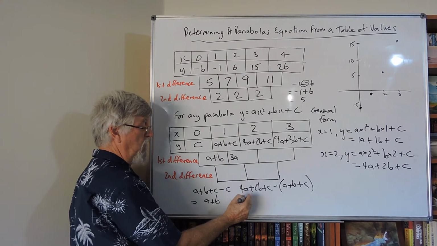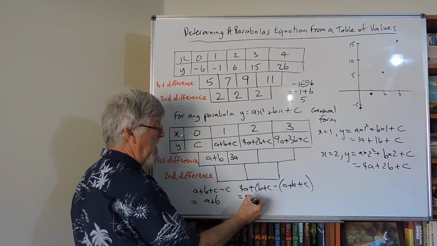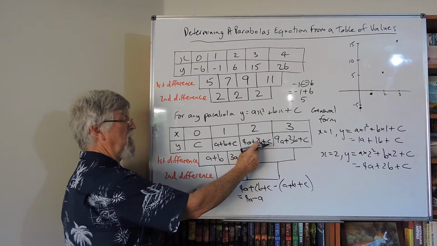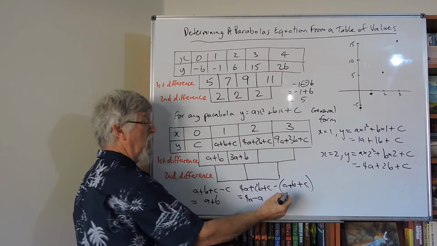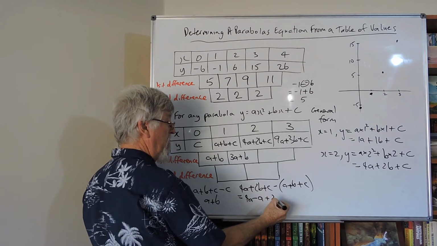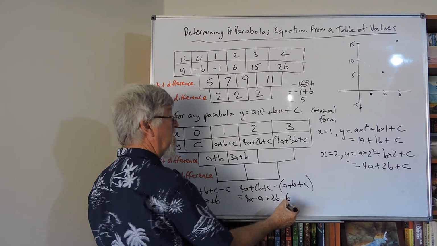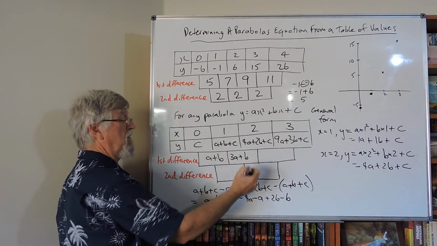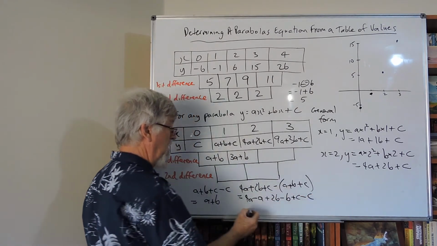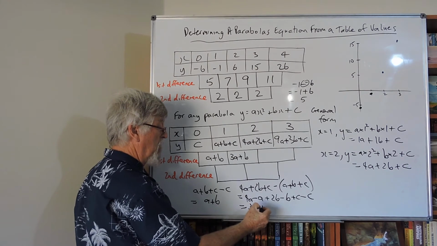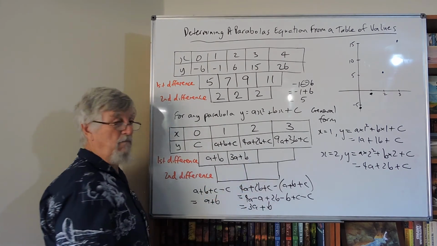So here it is, 4a, take a. This one here is 2b, take b, is 1b. So here I've got 2b minus b. And here I've got c, take c is gone. So over here I can go c, take c. And I'm left with 3a plus b. So there's my 3a plus b.